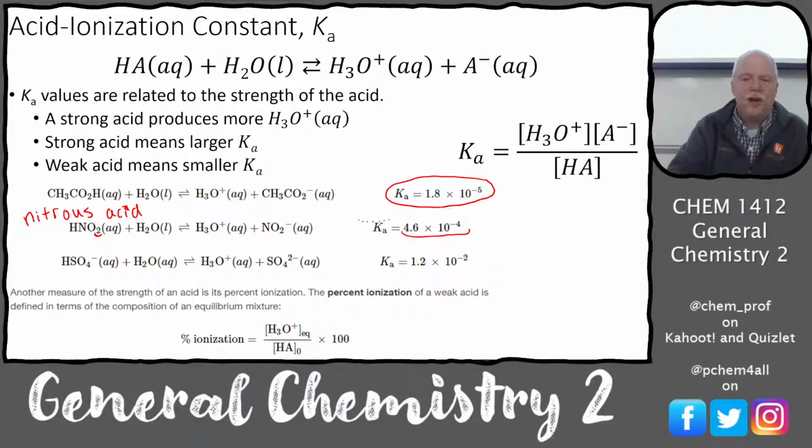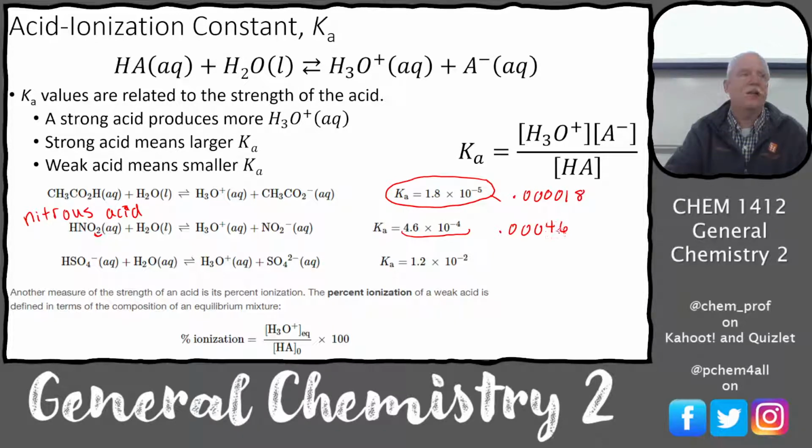So which is a stronger acid, acetic acid or nitrous acid? Nitrous acid, because it's 10 to the minus 4. So this is 0.00046. So 4.6 times 10 to the minus 4. This one is 0.00018.